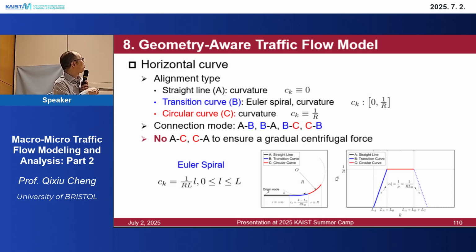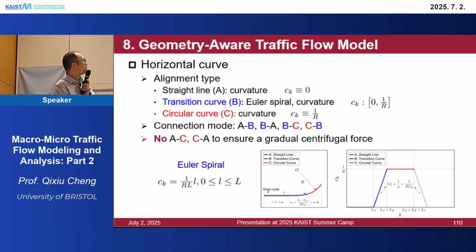Okay, look at the horizontal curve. We have 3 alignment types: straight line, transition curve, and circular curve. So for connection mode, we have 3 types. A is a straight line, B is a transition curve, C is a circular curve.